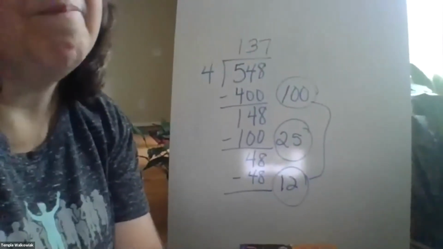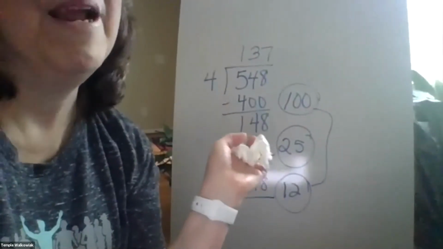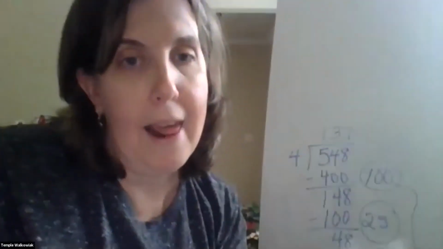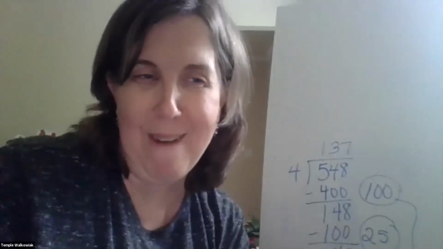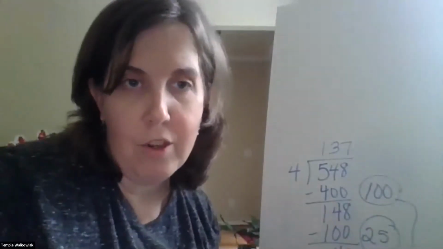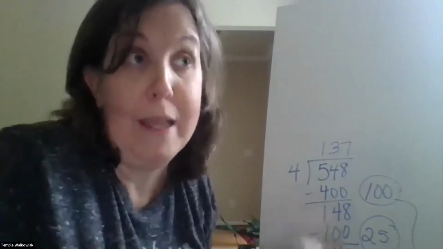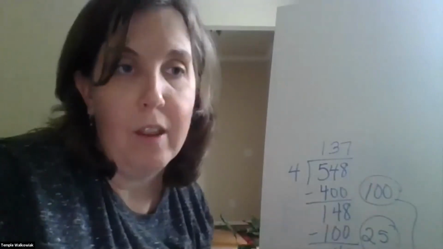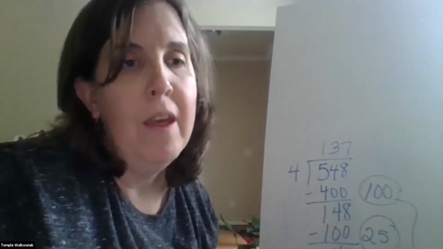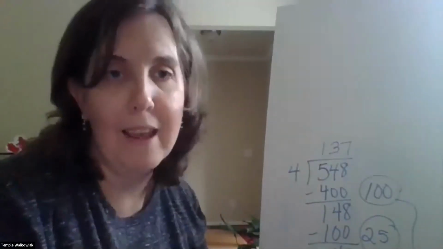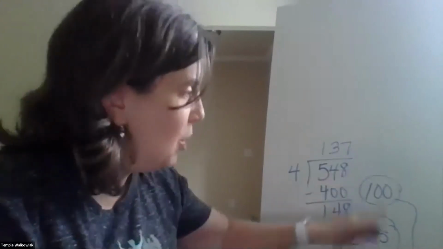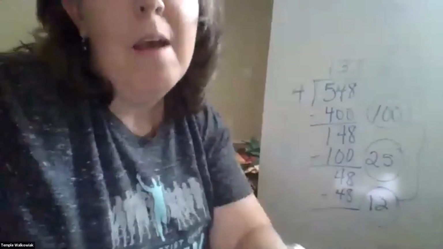The reason I'm bringing attention to this particular strategy is because it's very common. I have a 4th grader that lives here in my house, and she's been using this strategy recently. She's been doing division, and this is what her teachers have been doing with her. So I think about caregivers who have a 4th or 5th grade student. They're probably going to see their 4th or 5th grader doing something like this. They might stack these quotients up on top, but they might do something like this in terms of an algorithm.